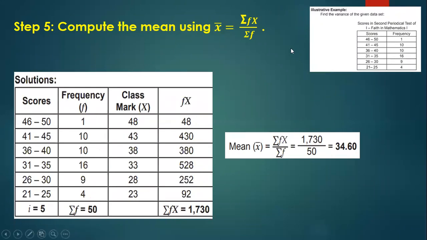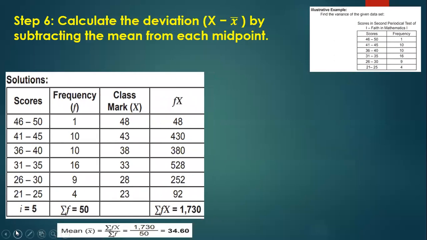Okay, so we will proceed to step number 6. Calculate the deviation. Your x, your class mark or midpoint, minus the mean, or x bar, by subtracting the mean from each midpoint.